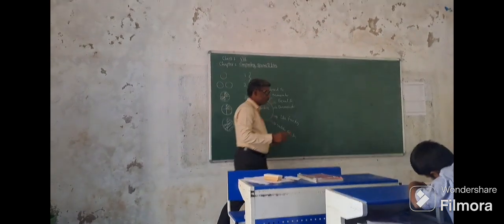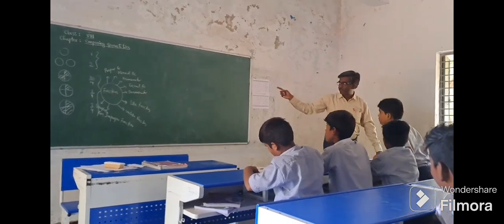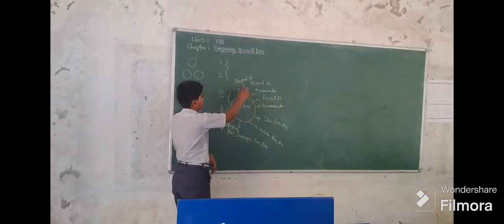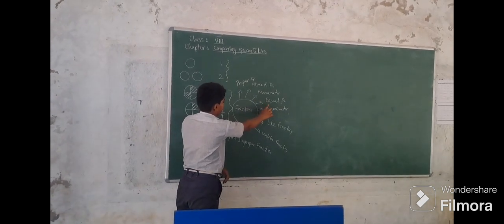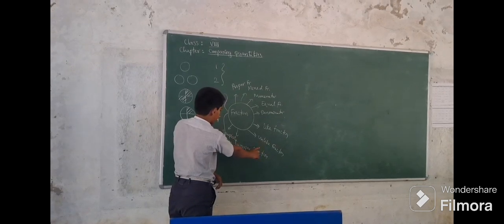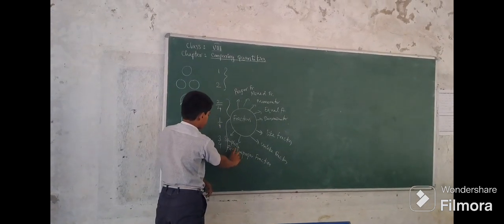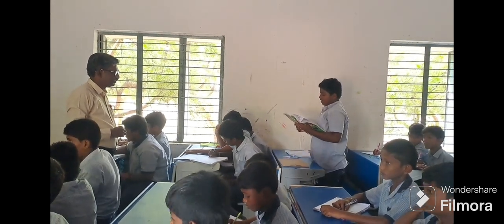From your group, stand up, go and read everywhere. Proper fraction, mixed fraction, numerator, equal fraction, denominator, like fraction, unlike fraction, improper fraction, simplest form.